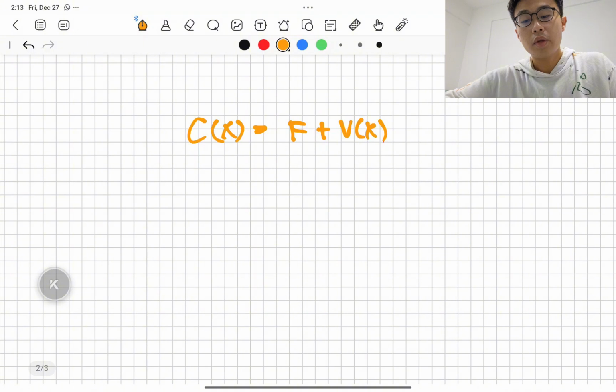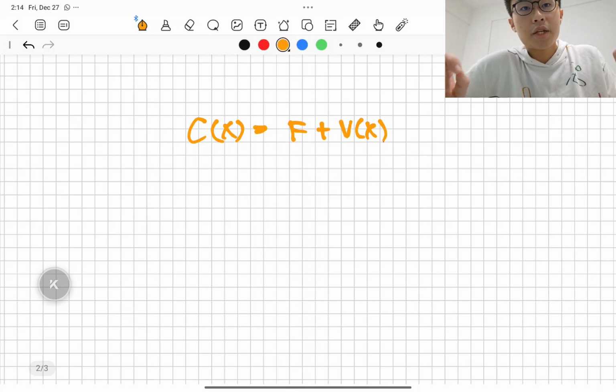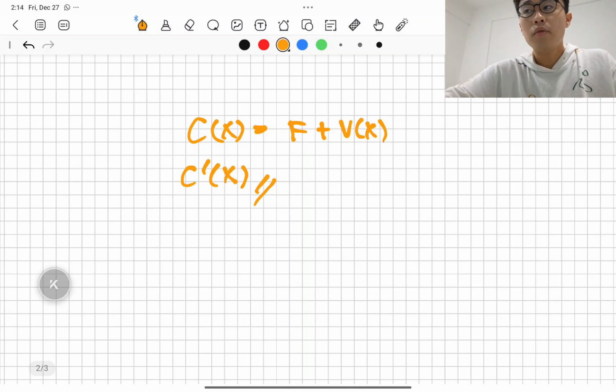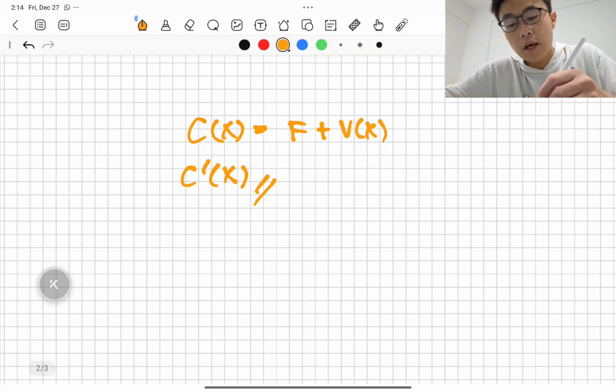Okay, now we need to know about the marginal cost, which is the additional cost of producing an additional unit of output. And it is actually the first derivative of the cost function. So it's just C'(x), like this. Now for the average cost function, I'll represent it by AC(x).